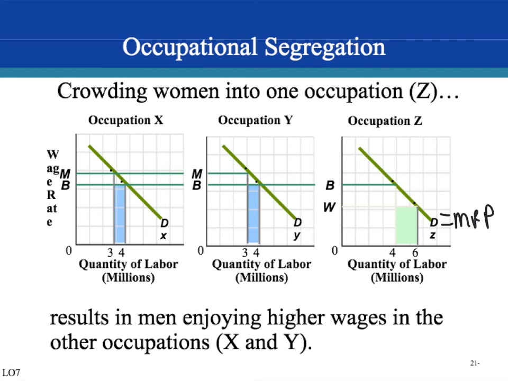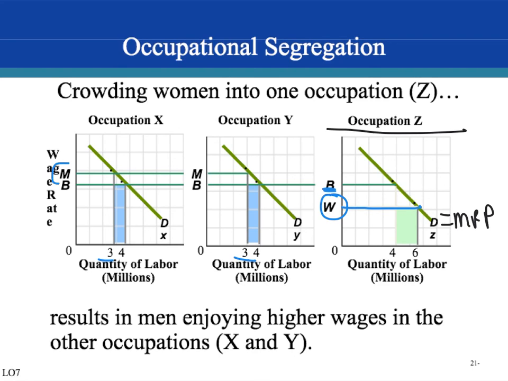Let's say all women are crowded into occupation Z over here. All 6 million women are working here and their wage is very low compared to if both men and women were in occupation Z. And occupations X and Y only have men, here at 3 million men each.